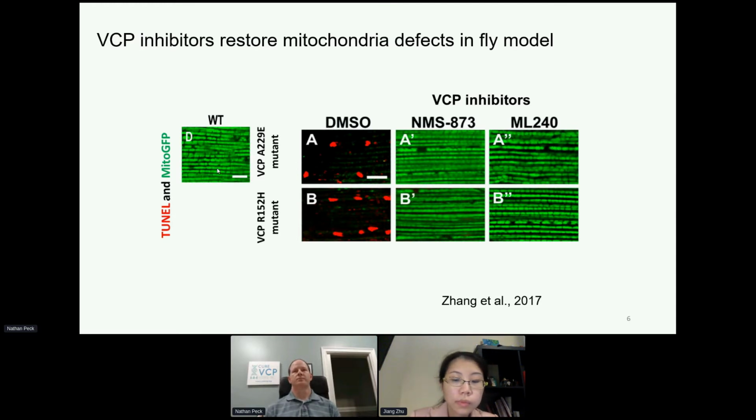As you can see, they lost the green signal, which represents the fragmented mitochondria, and they increased cellular apoptosis, represented here as increased red signal. However, with VCP inhibitors, those are the older generations of VCP inhibitors, we see the rescue of the mitochondria morphology and depletion of the cellular apoptosis, suggesting that VCP inhibitors could be potentially efficacious in the fly model in terms of rescuing mitochondria morphology.